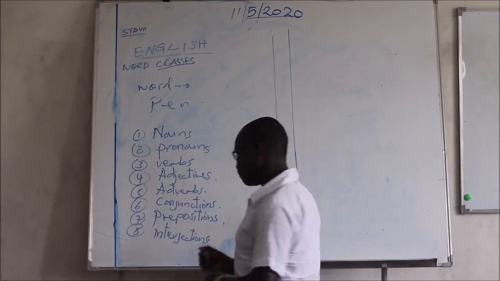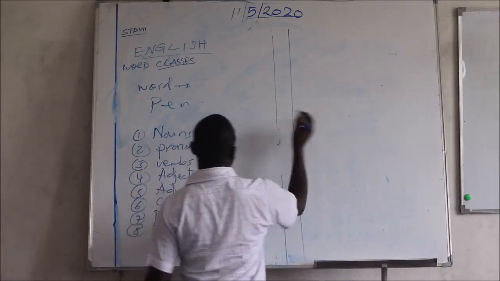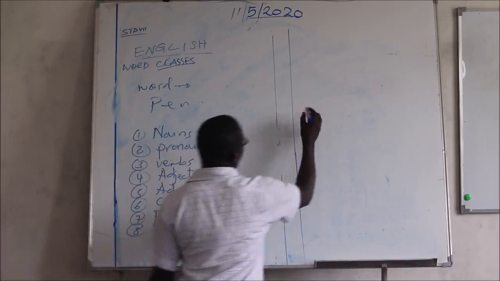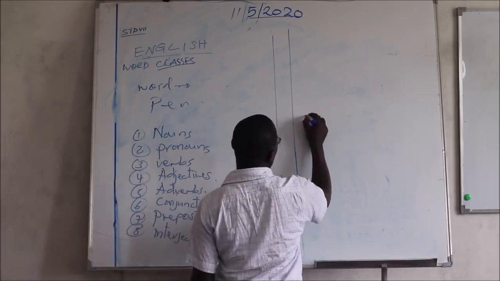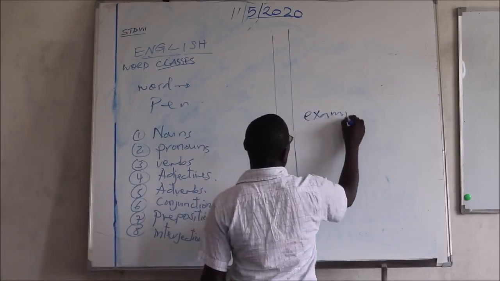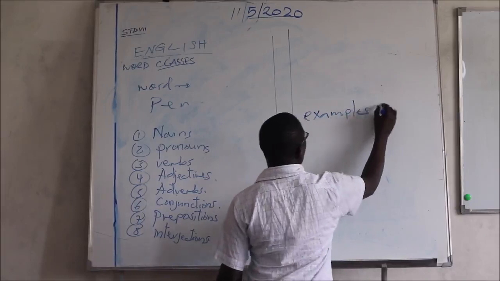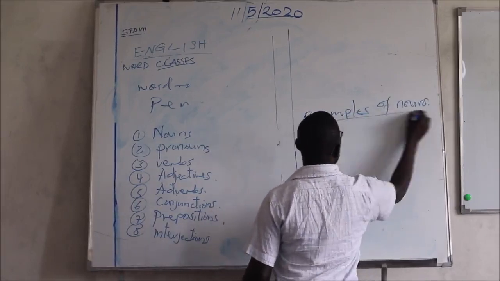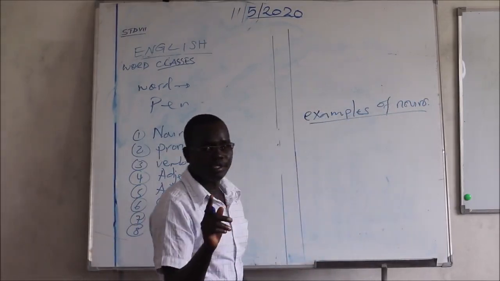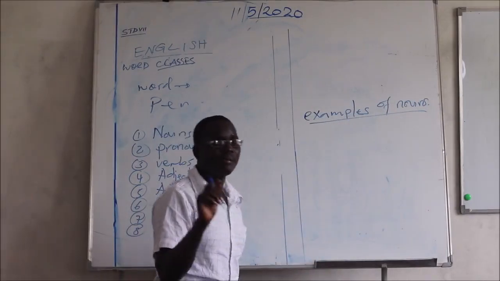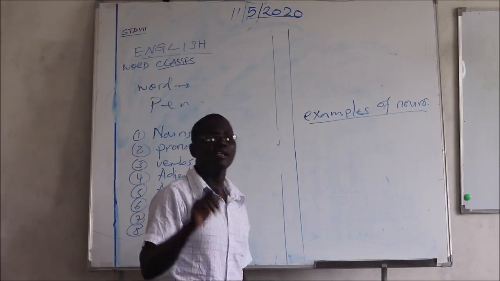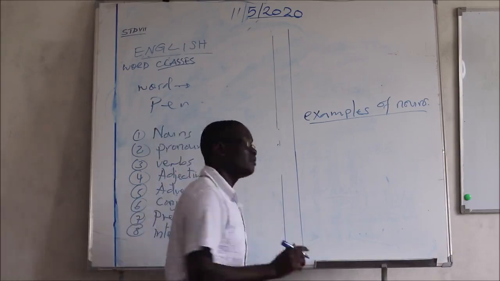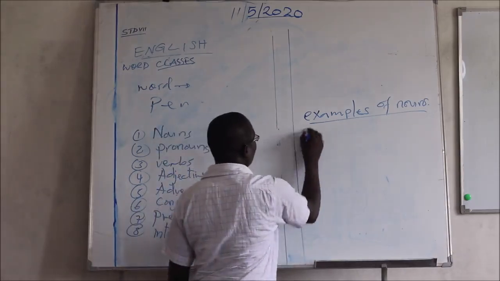Examples of nouns. We have said that a noun names people, a noun names things, a noun names places. Let us begin with names of people.